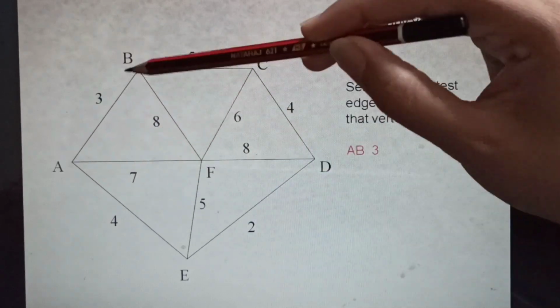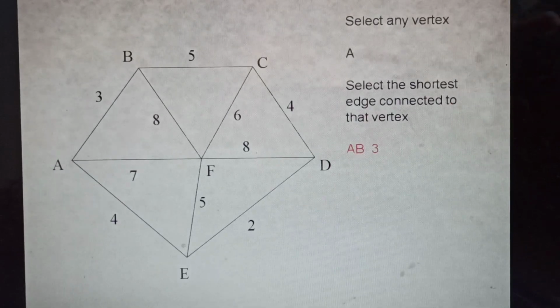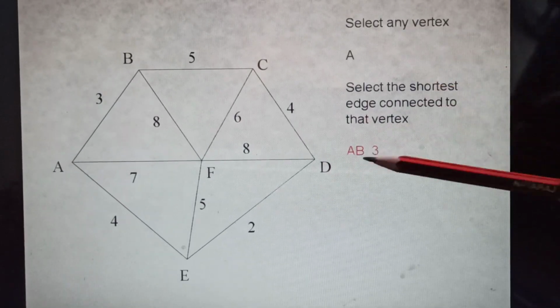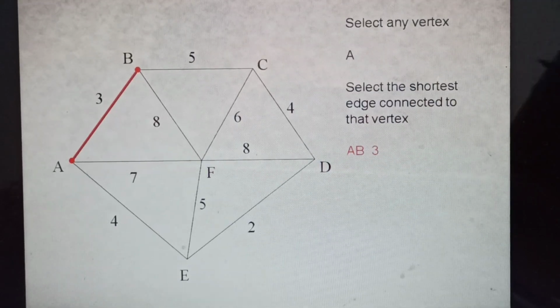So there are 3 outgoing edges. Out of these, the minimum weighted edge is AB, so we select that first, having the distance 3.